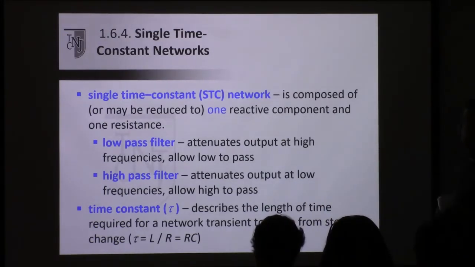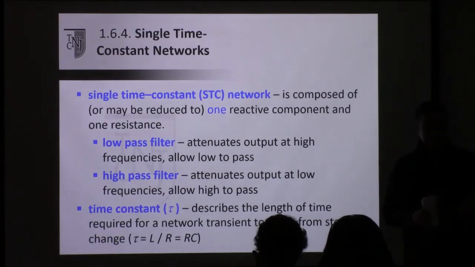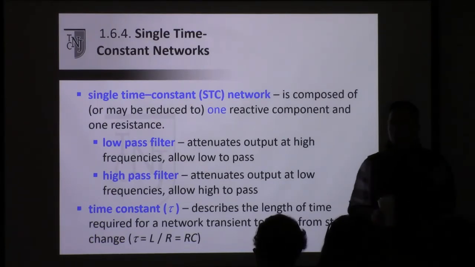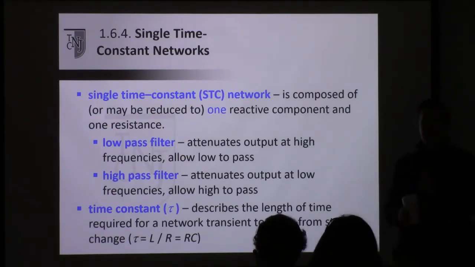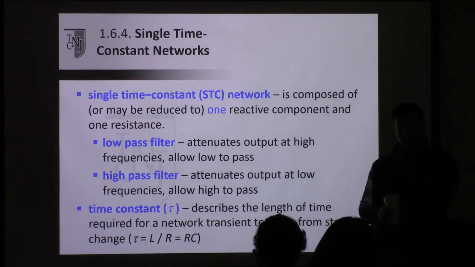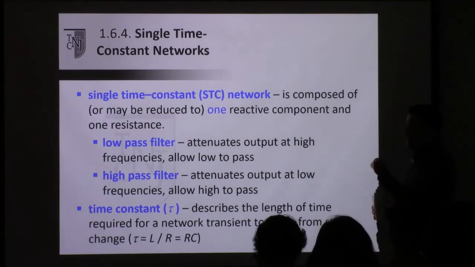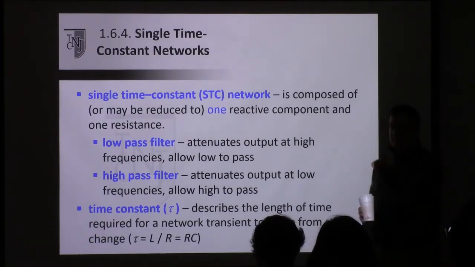The reason why it's called a single time constant network is because it only has one reactive element. Hence RL, resistive inductive, RC, resistive capacitive. Actually, in my section of ELC212, we started talking about second order time constant networks, right?